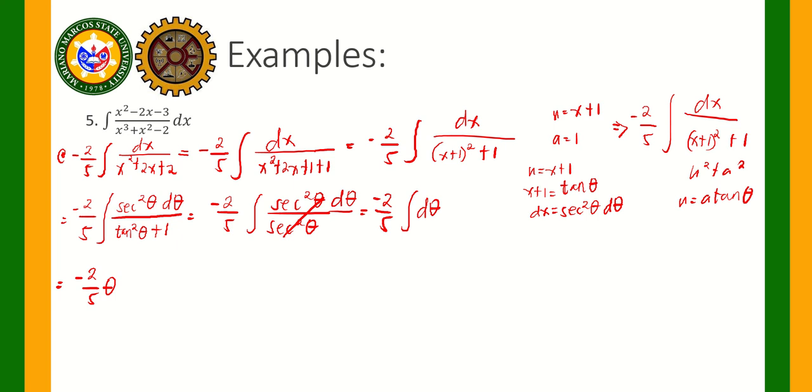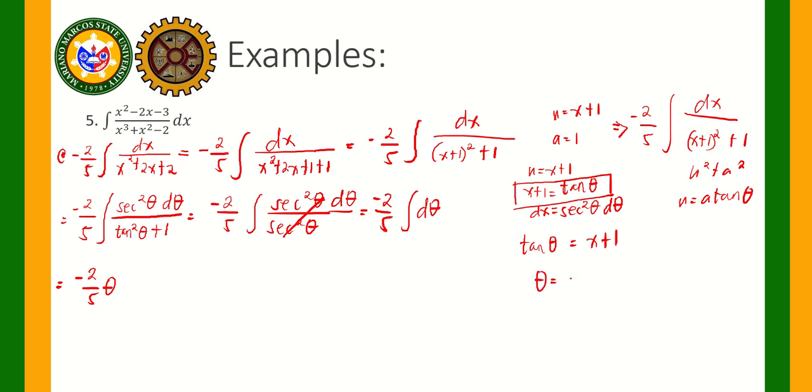So how do we solve for theta? Here we get the value of our theta. Tangent theta is equal to x plus 1. However, in order to get theta, we take the arctan.